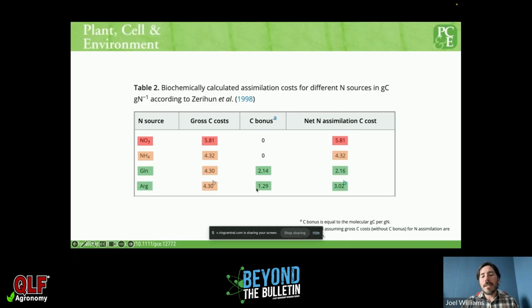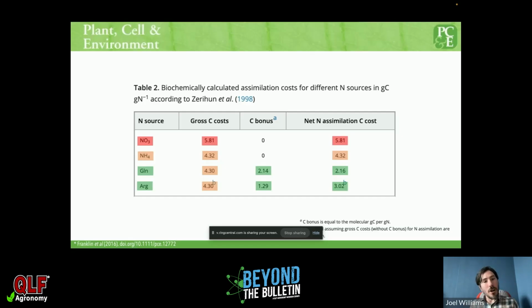However, the difference is that we are now absorbing organic nitrogen, so we are absorbing embedded carbon. There is carbon embedded in that amino acid. So that embedded carbon is like a rebate. We get a bonus, we get a rebate.